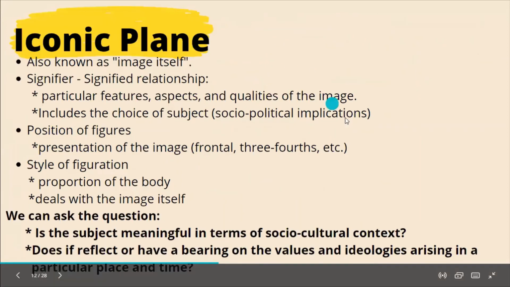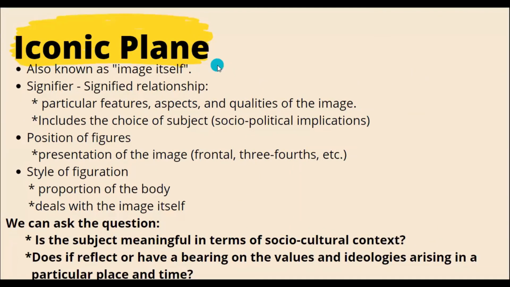The next plane is the iconic plane, also known as the image itself. Here you are looking at the signifier and signified relationship, the particular features, aspects, and qualities of the image.